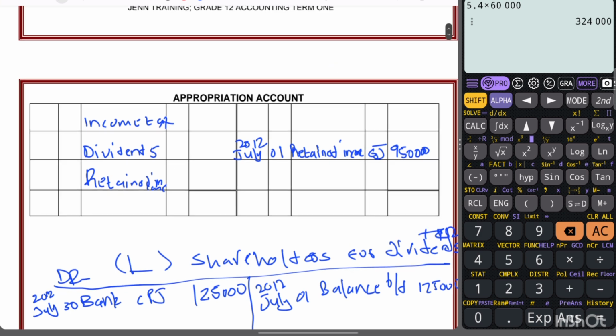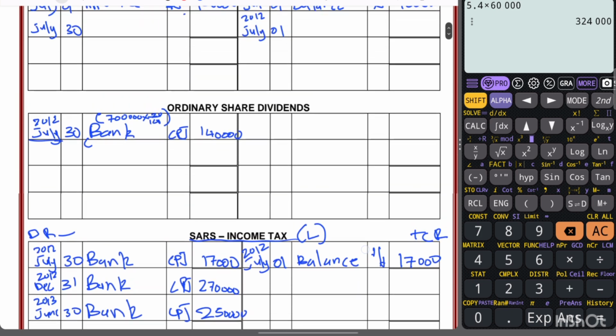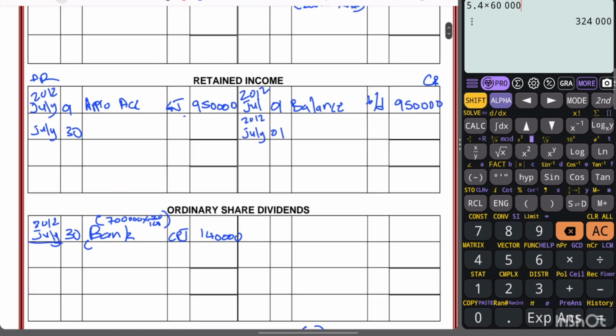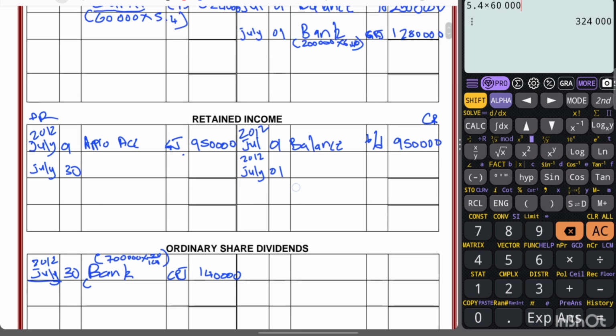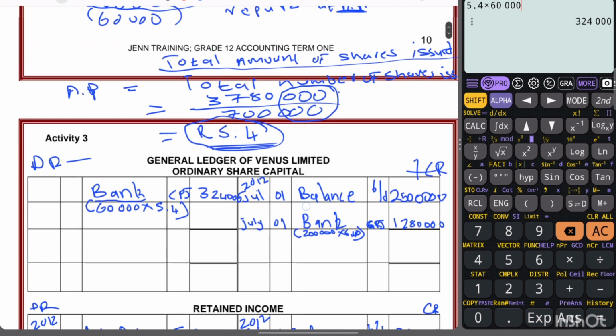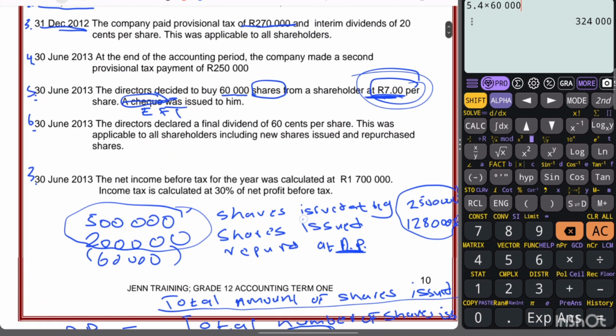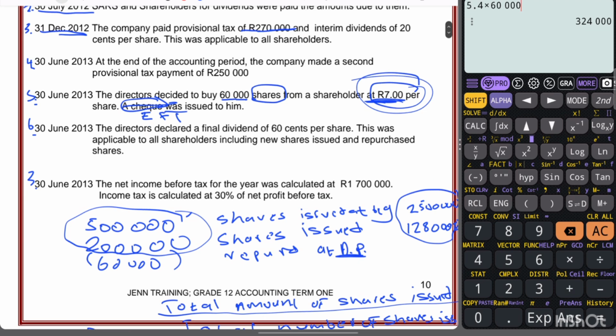Okay. Now let's continue with our information, and I'm going to show you how we record the buying back on the appropriation account. On the June 2013, the directors declared a final dividend of 60 cents per share.